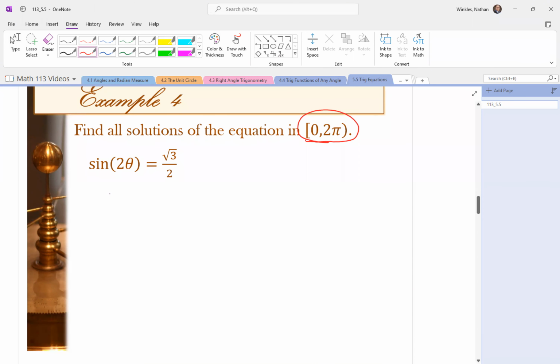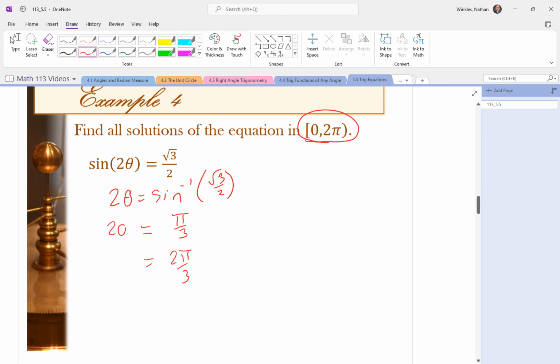In this case, we're going to have 2 theta equals inverse sine of root 3 over 2. I'm going to work with the right-hand side first, and the answer is pi over 3 and 2 pi over 3.